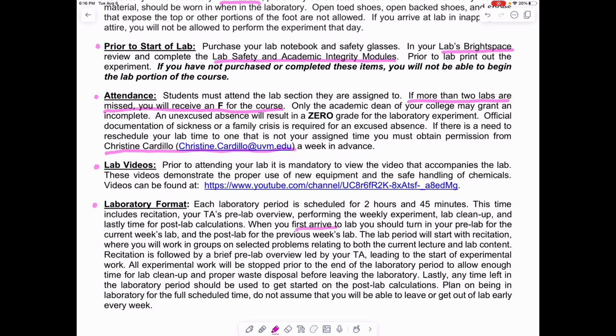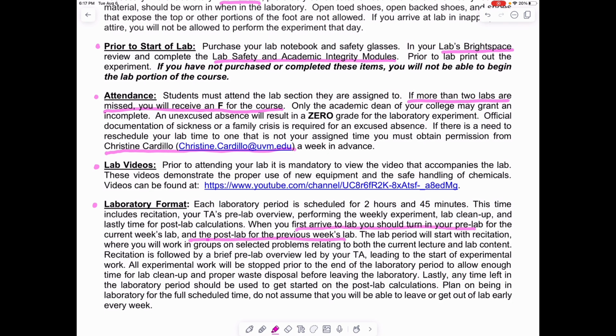When you first arrive, you turn in your pre-lab for the current week's lab and the post-lab for the previous week's lab, and then you start with a recitation as well as a quiz. You get a lot more information from your TA that first day of class. And then at the very end of the day, there will be post-lab calculations as well.